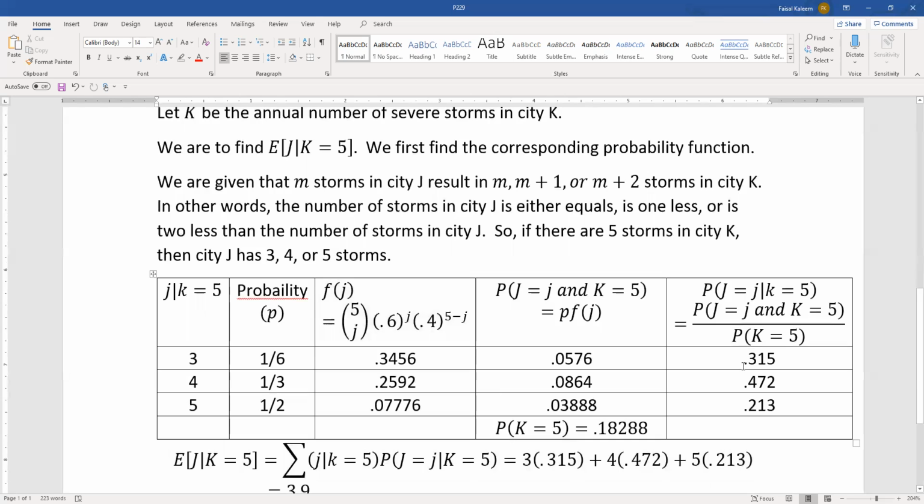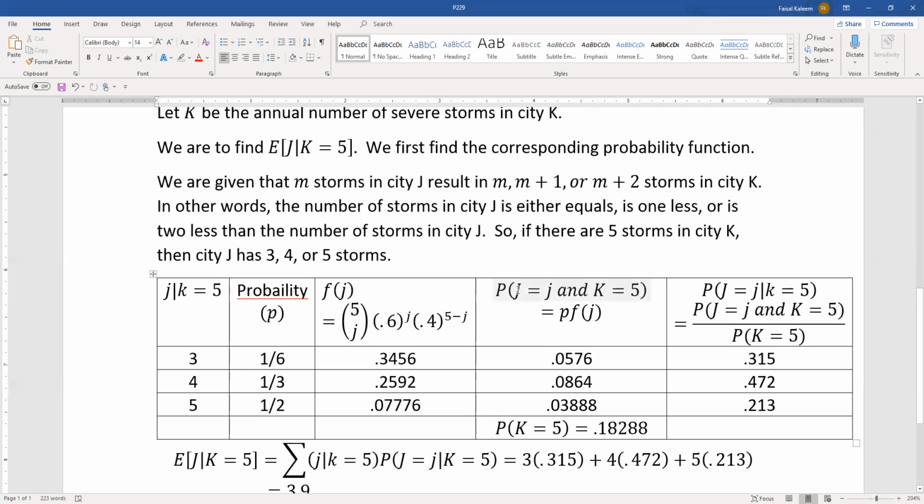So remember, the expression we are looking for has numerator probability J equals j and K equals 5. So let's call these probabilities little p. One way to understand this is that this is the entry when j equals 3 and k equals 5.